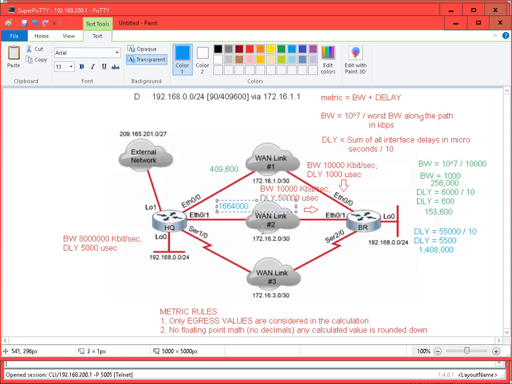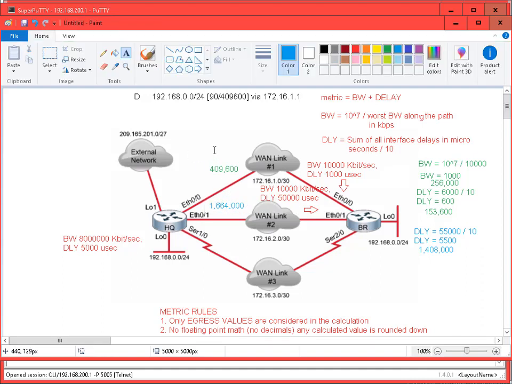How can I test that, by the way? What's the quickest way I could see whether or not that's accurate? Any ideas? Well, I won't see it in the routing table because it's not the best path, right? I can look at my database.